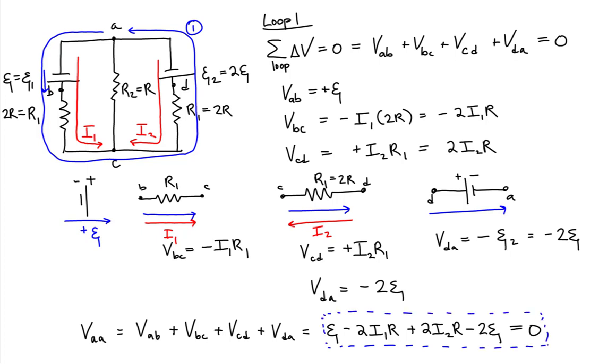So this is the information we gain from using the first loop.